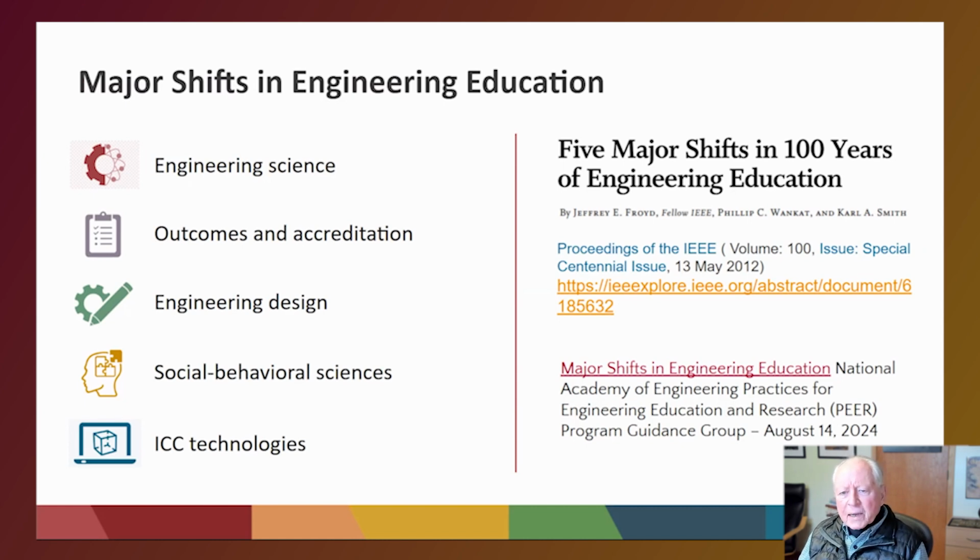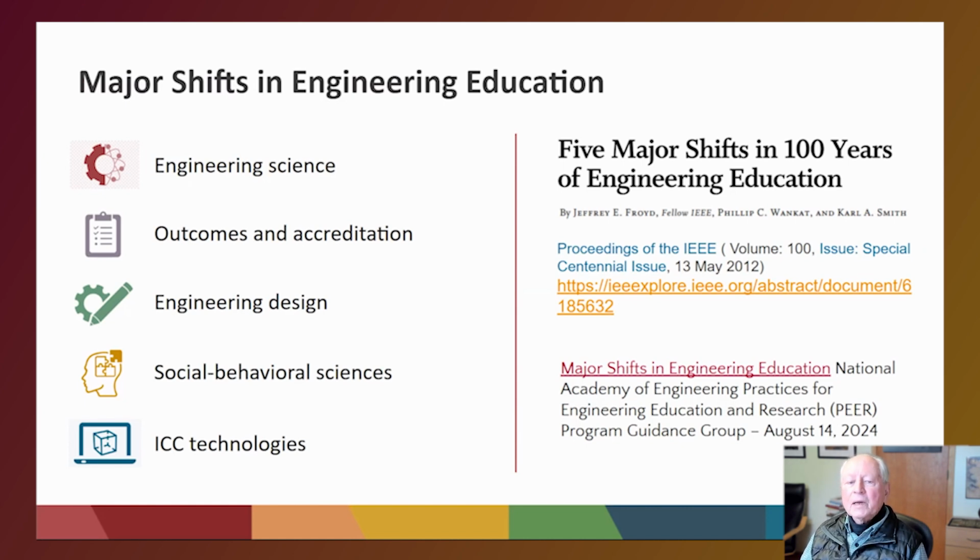A little over a decade ago, then Dean of Engineering at Purdue, Leah Jameson, asked me to write a piece for the centennial issue of the Proceedings of the IEEE on major shifts in engineering education over the past 100 years. I've been thinking about this and speaking about it, and so I sketched out these 5 areas of major shifts.